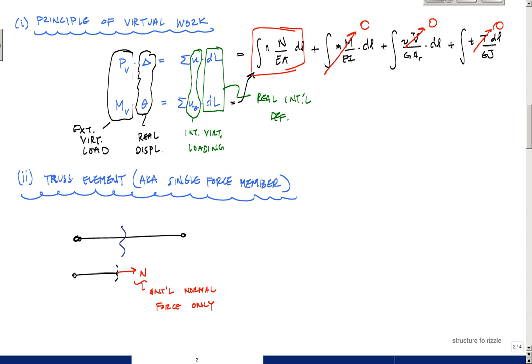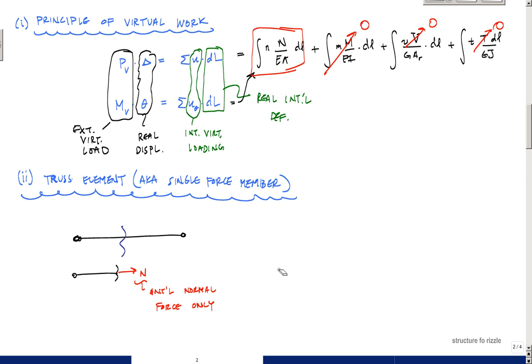What's more is that in a truss, members are only connected by joints. I can't apply a moment to a joint and expect there to be any internal virtual loading, because everything here is just connected by a joint. So I don't need this drawing right here.